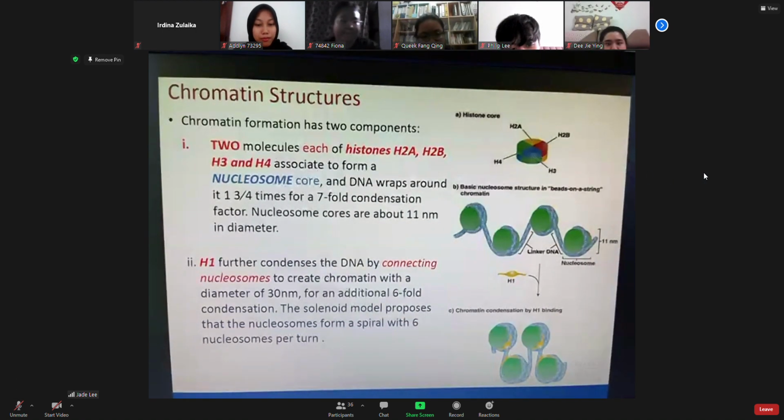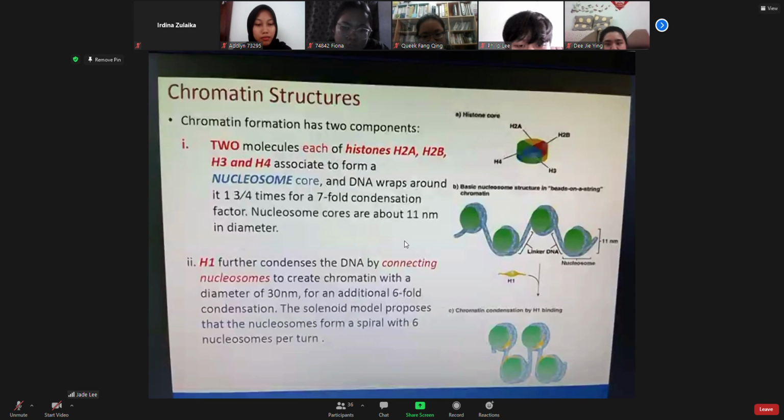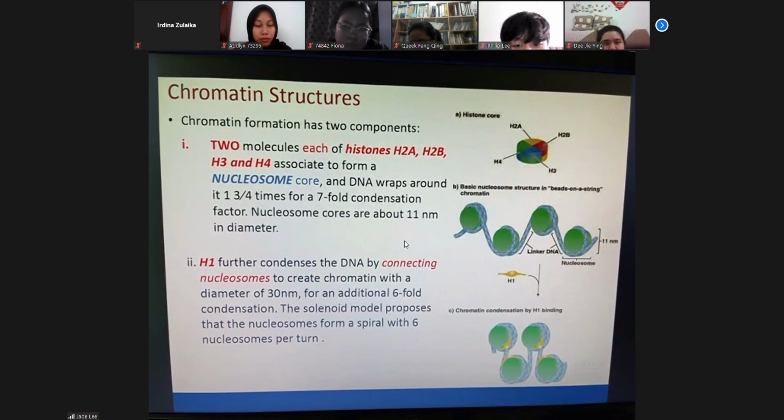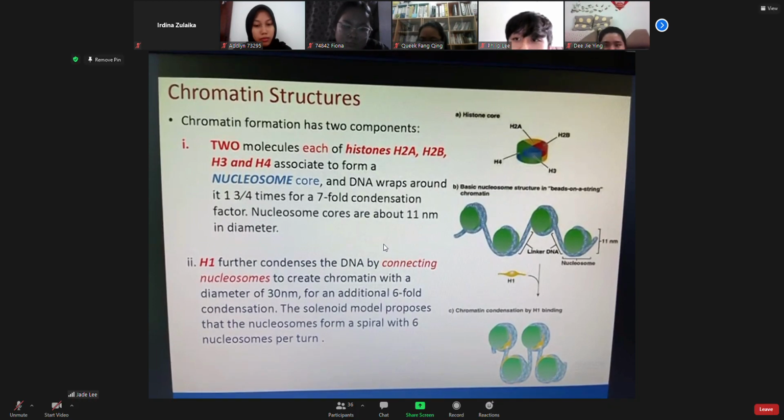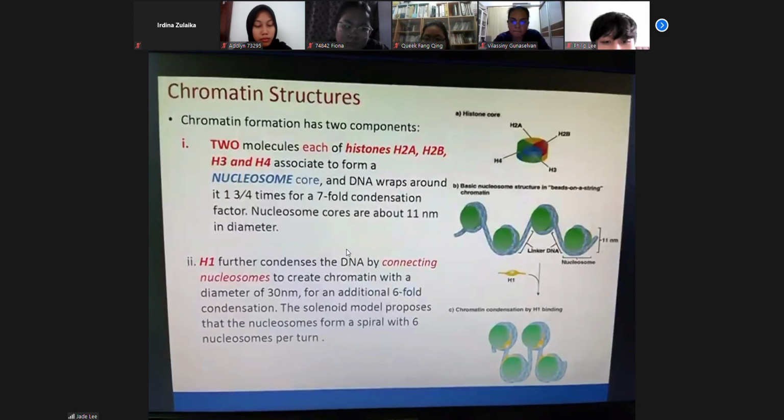Ini kamu sendiri dekat rumah boleh buat satu model lah. Ambil satu tali ataupun benang. Lepas tu kamu ambil satu ball. Okay? Lepas tu kamu bahagikan ball tu kepada 4 bahagian. Kamu boleh warnakan dia.